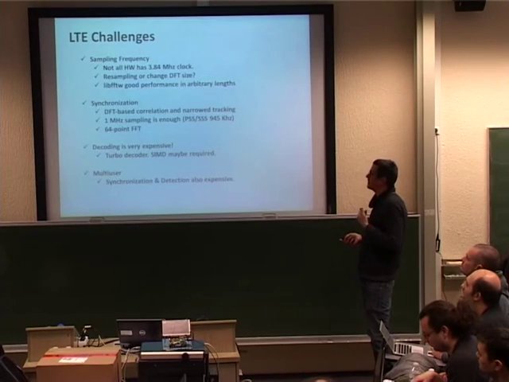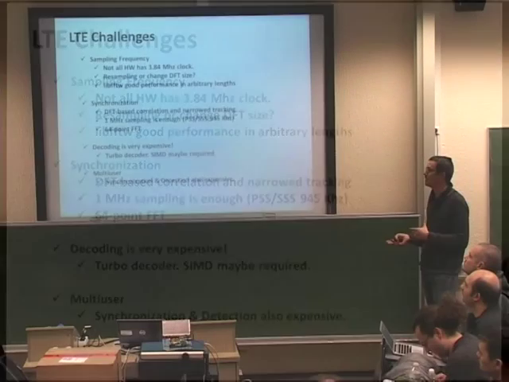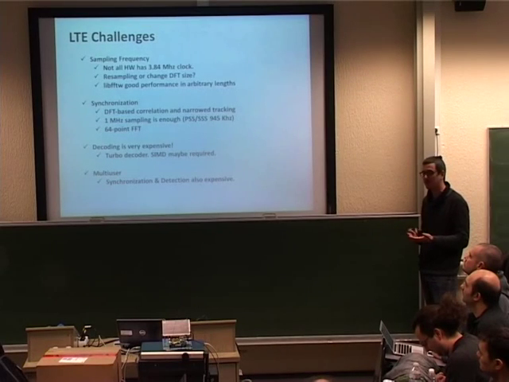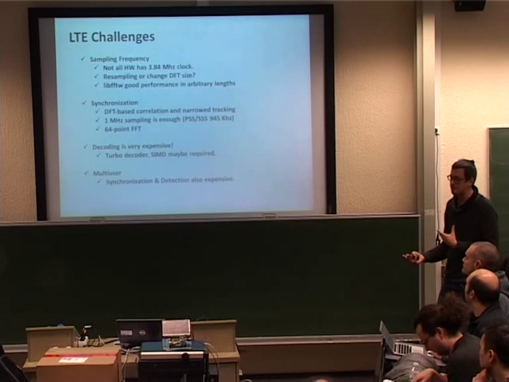LTE is a very complex waveform, and if you want to be able to run it in real time in a laptop, it's very hard. To start with, the sampling frequency is a problem because not all hardware has the 3.84 clock. For instance, the N210 doesn't have it, so you need to resample.